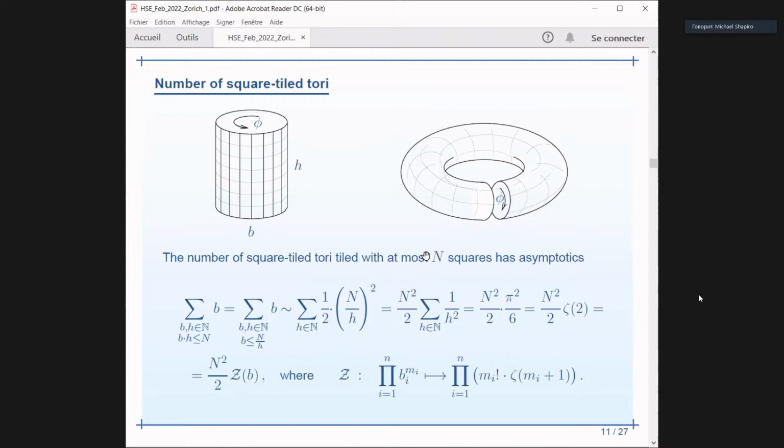On the last line to the left, where did this zeta of b come from? I'm kind of confused.